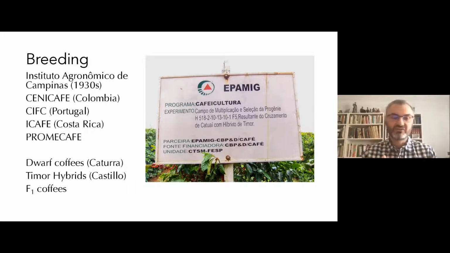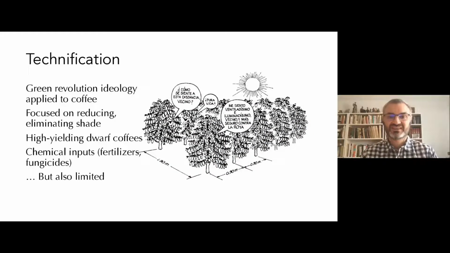Then the Timor hybrids, which are based on a plant discovered in Timor that was a spontaneous cross between Robusta and arabica, which after several decades of breeding has resulted in varieties like the Castillo variety produced by Cenicafé in Colombia and others. And then more recently, of course, there's the F1 coffees that are being developed by World Coffee Research, our hosts today, which are a new generation. So the F1 coffees, I think you have to see, are just the latest iteration in a larger process of research and innovation that was developed by the rust.